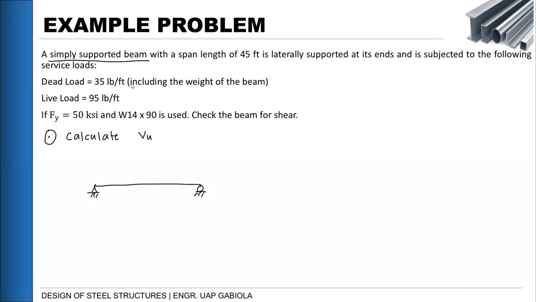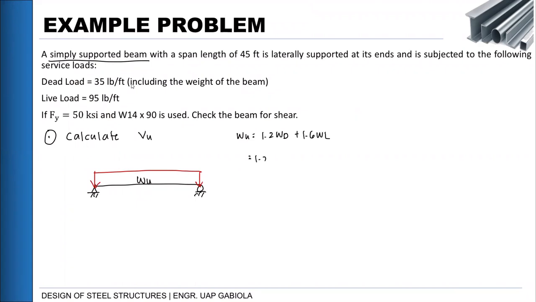And then, meron lang tayong parehas given is uniformly distributed load kasi pound per feet yung unit. So, ibig sabihin, meron tayo ditong nakaganyan sa kanya. Then, meron tayong makukuhang WU. Okay? Yung WU natin na yun is equals to 1.2 WD plus 1.6 WL.